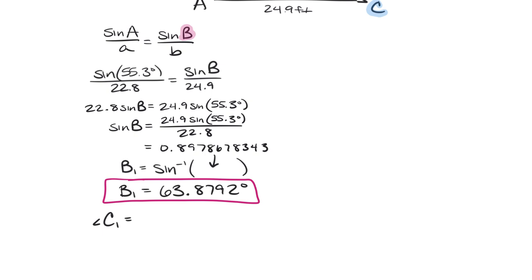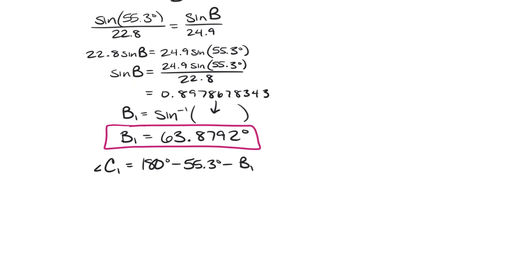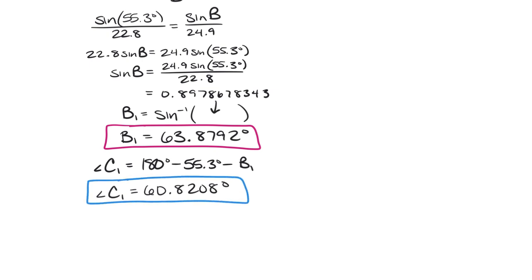So angle C will be 180 degrees minus the angle A minus the angle B. And if you do that, what is angle C? 60.8208. I agree. And voila, 2/3 of the way done for the first triangle.